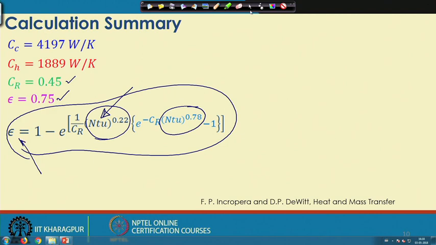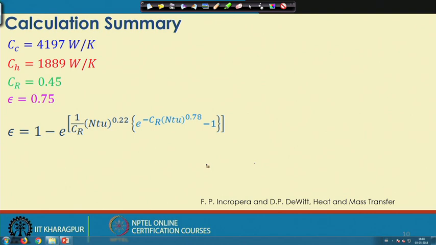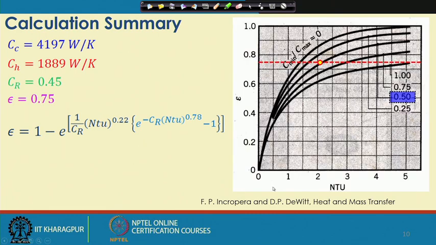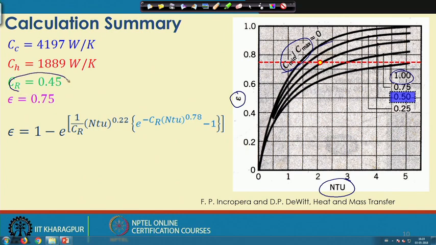So, we have to take help of the graphical solution, where we find the graphical relation for epsilon versus NTU. This can be obtained for different C min by C max or Cr values ranging from 0 to 1, and this is for Cr equals 0, this is for Cr equals 0.25, Cr equals 0.5, and for us we have Cr equals 0.45.